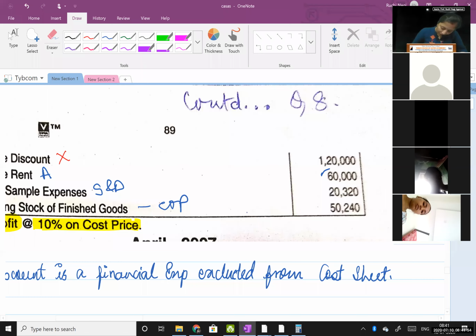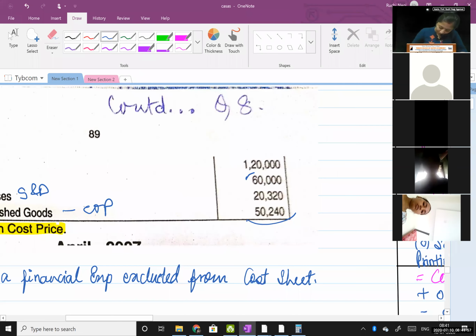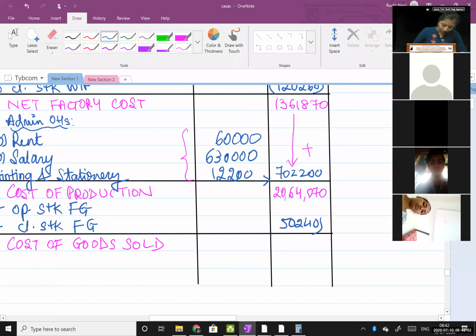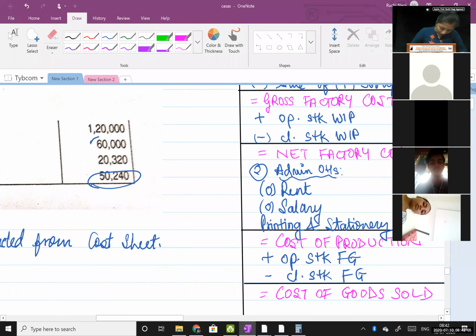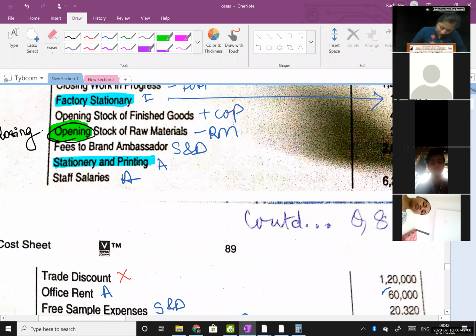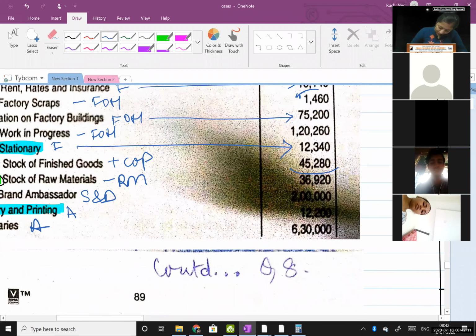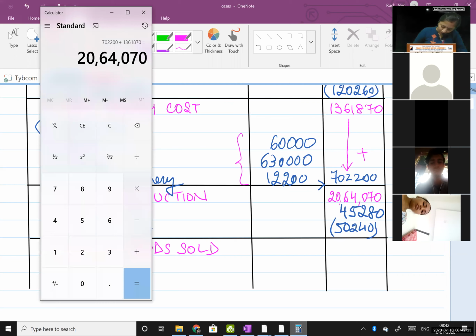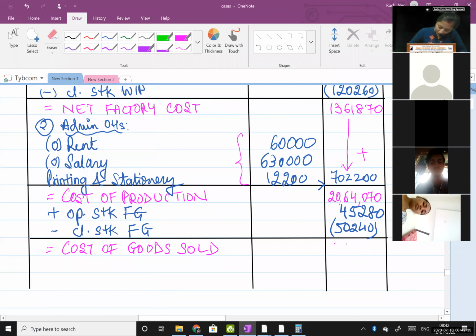Closing stock is 50,240. Next, opening stock of finished goods is 45,080. Plus 45,080 minus 50,240. So the answer is 20 lakh 59 thousand 110.